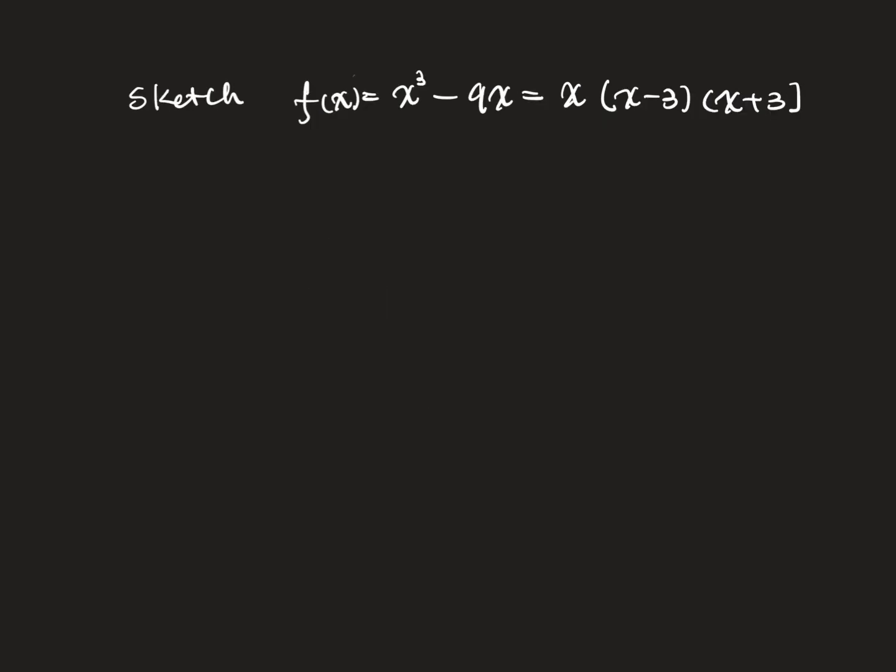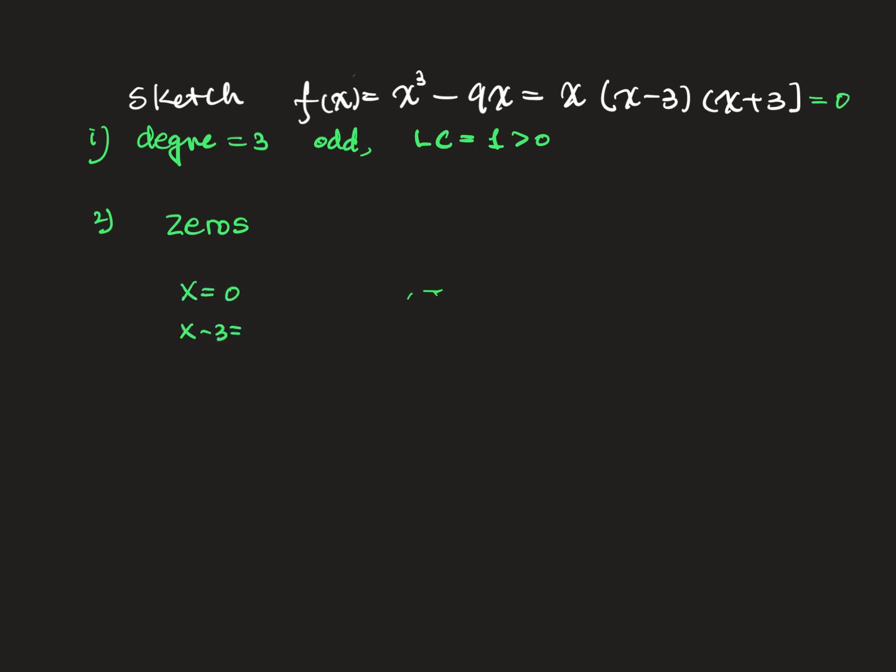Now let's sketch a polynomial function based on what you learned, guys. So for x cubed minus 9x, you find the degree is 3. That's odd. The leading coefficient is 1, positive. That's first. Second, let's factor it and find the zeros. x equals 0, x minus 3 equals 0, x plus 3 equals 0.